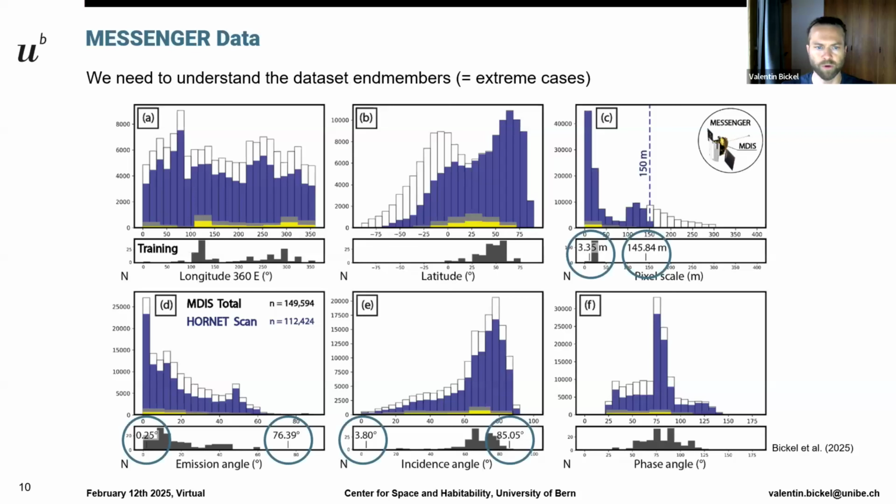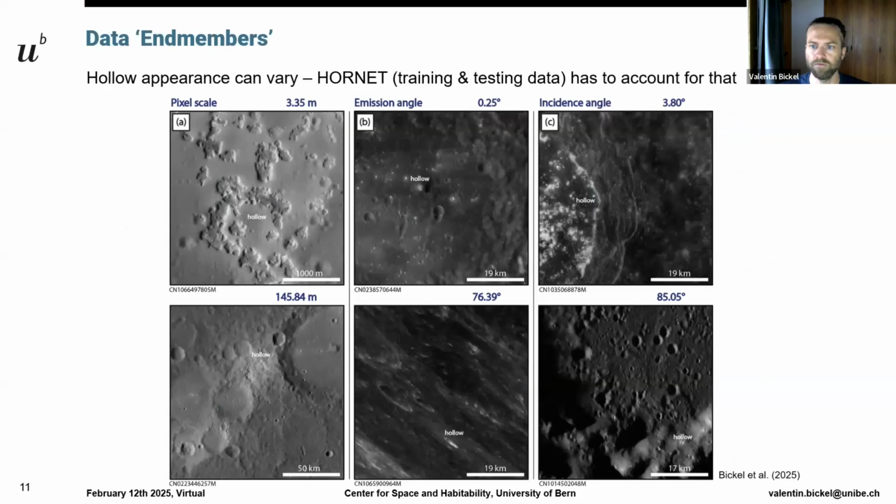And I wanted to highlight the importance of the data just one more time by looking at something that I like to call end members. It's just extreme cases of the data set. In this particular case, I would like to focus on the pixel scale, the emission angle, and the incidence angle. And that's showcased here. You can see on the left, this is pixel scale.